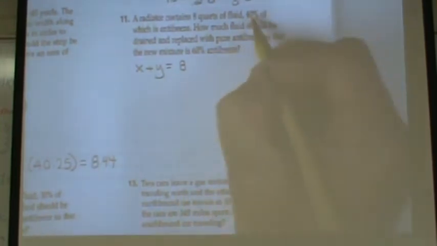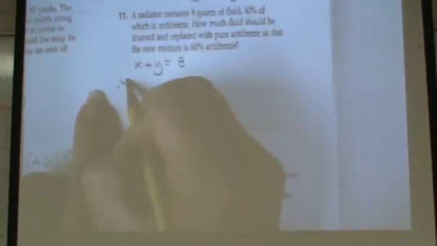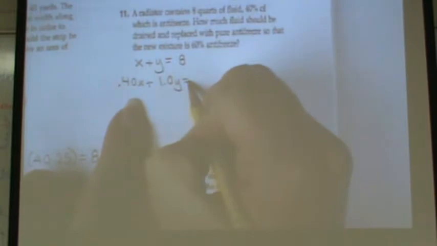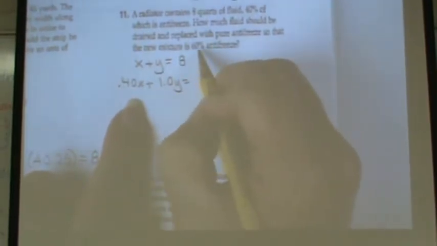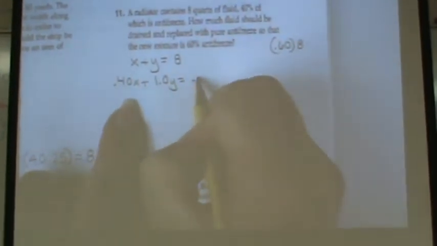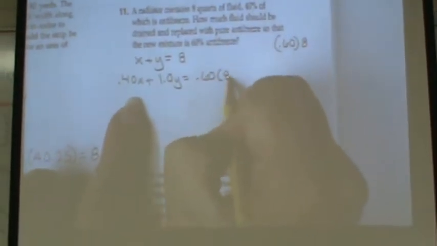We have 8 of the 2. One of them is 40%, so 0.40x plus the other one is 100%, 1.0y. And we want our new mixture to be 60%, so 0.60 times 8. That's what goes right here, 0.60 times 8.